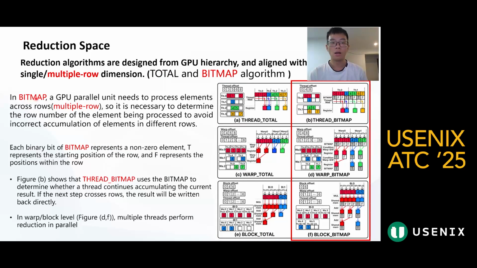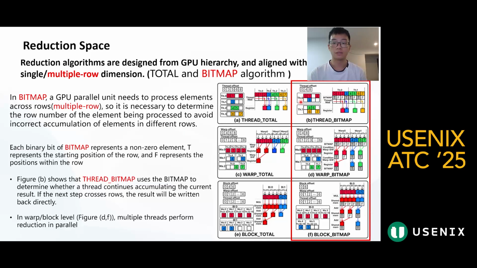Bitmap algorithm is designed for the multiple-row dimension. Here, a GPU parallel unit needs to process elements across rows, so it is necessary to determine the row number of elements to avoid incorrect accumulation of elements in different rows, like this.